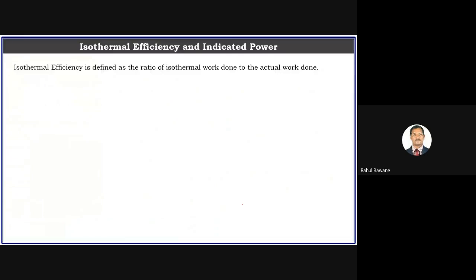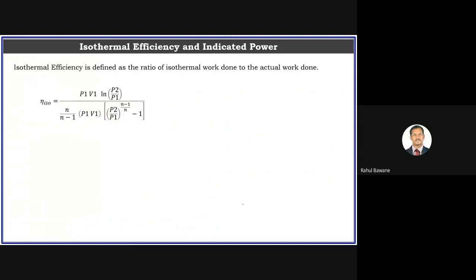Now we will see some other terms. Isothermal efficiency. Isothermal efficiency is defined as the ratio of isothermal work done to actual work. Now we know that isothermal work done is P1 V1 ln of P2 upon P1.